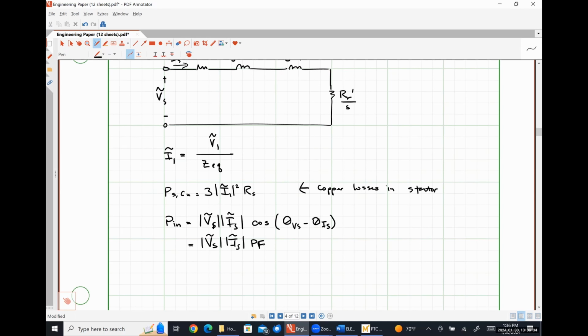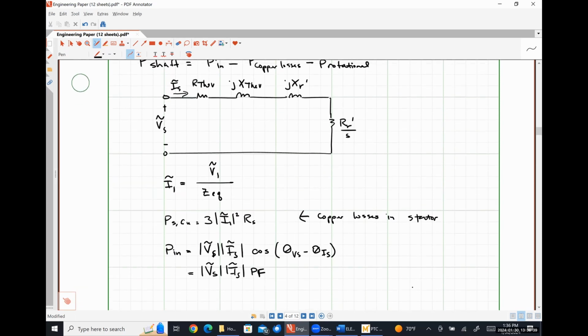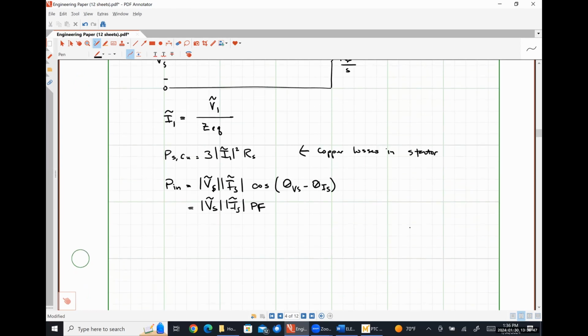All right, so now we need to figure out what our copper losses are in our rotor, right? So we learned the other day that the copper losses in our rotor was simply equal to slip times the total power that was delivered to our rotor, right?